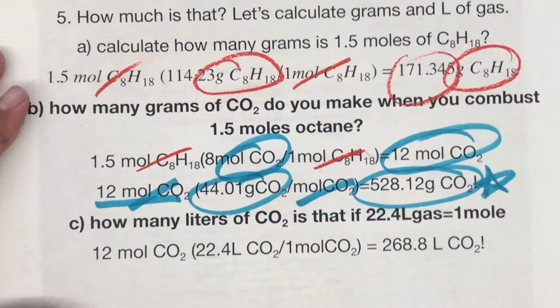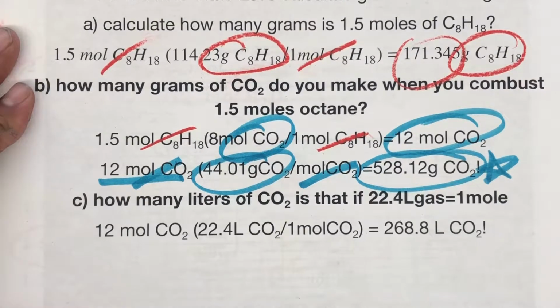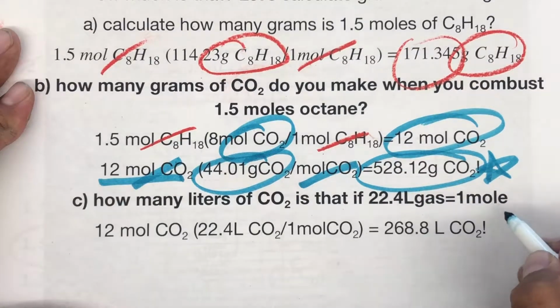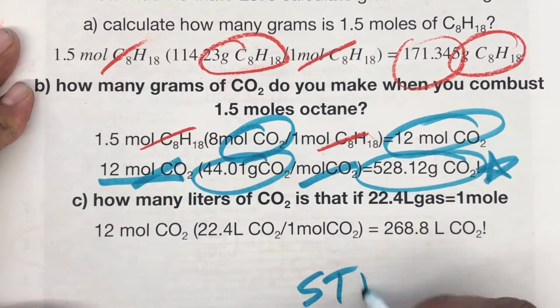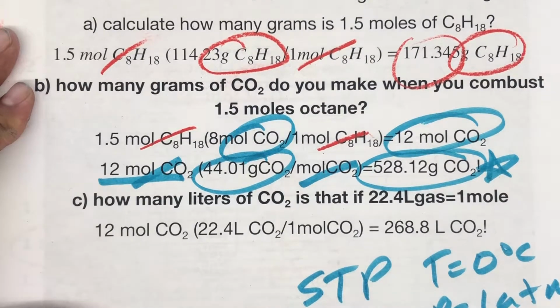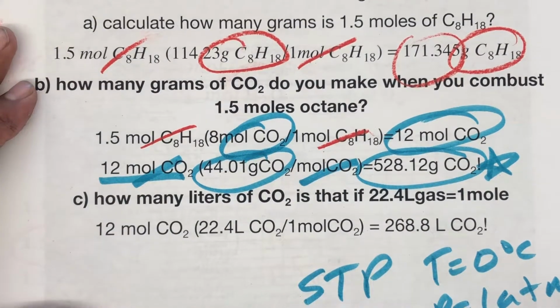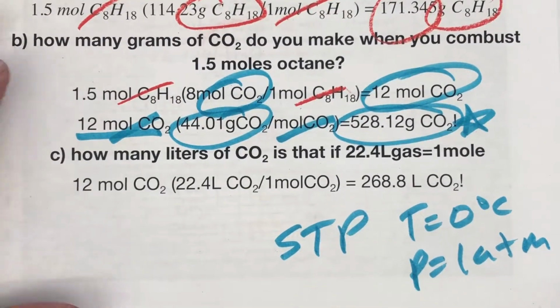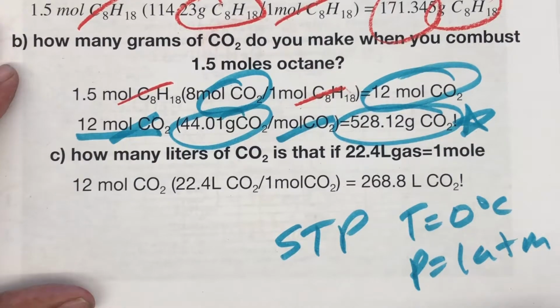And if you're in the lab dealing with gases, we can also calculate the volume of a gas. The volume of a gas at standard temperature and pressure, which is basically 0 degrees Celsius, 1 atmosphere, is basically ice water at sea level, mainly because it's just easy to get.